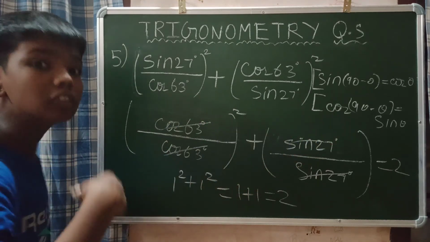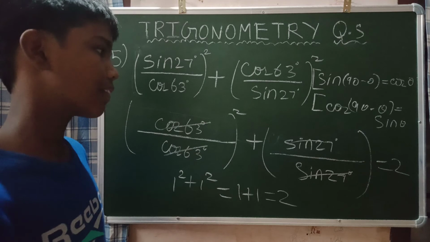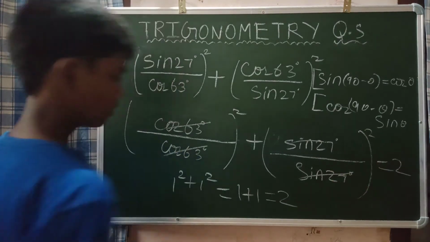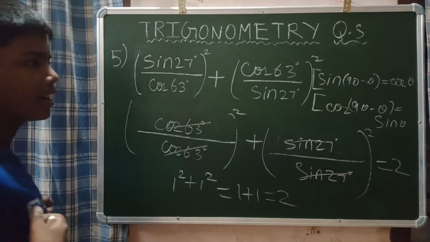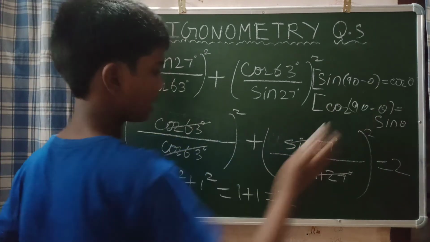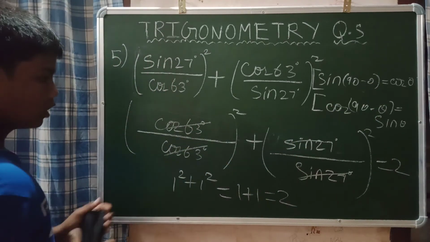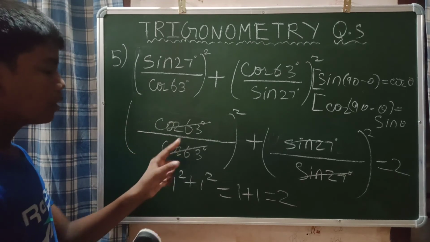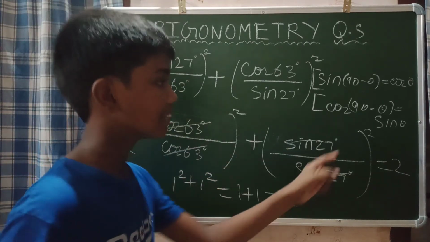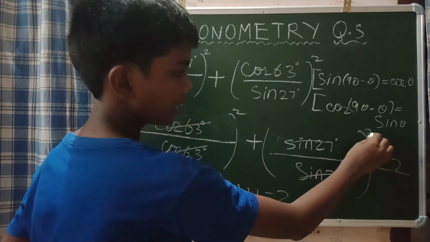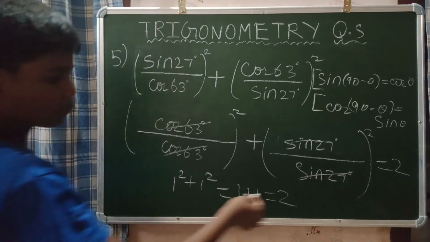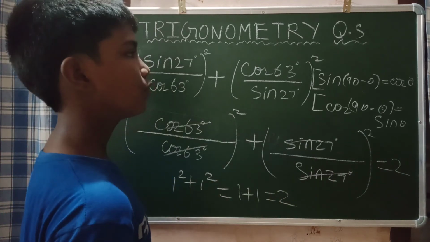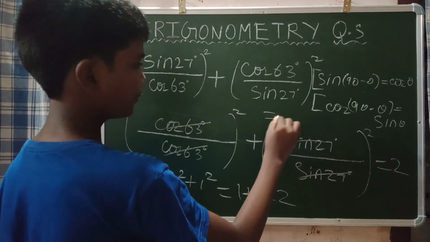We should think twice or thrice, and when we think, we can find the idea. So using this formula I wrote it as cos 63 by cos 63 whole square plus sin 27 by sin 27 whole square. I forgot to write the square, but now I wrote. Now it is 1 square plus 1 square, which is 1 plus 1 equals 2. So the answer for this question is 2.